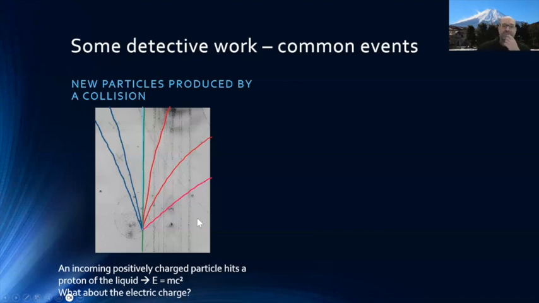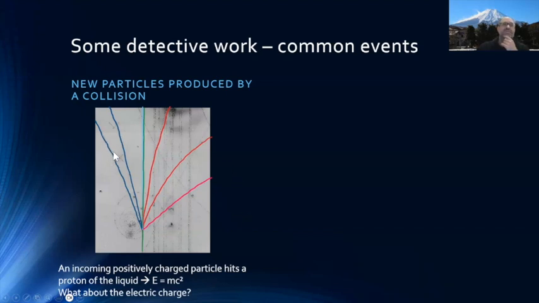And you can check another thing. What happens with the charge? Before the process, we have the charge of this particle, which I didn't tell you before is a positively charged particle. And we have the proton, which it collides with. So we have a charge of +2 before this happens. After this, we can just count the lines.